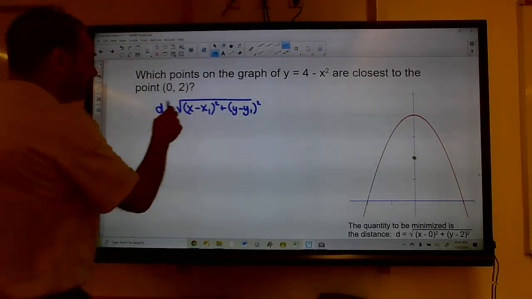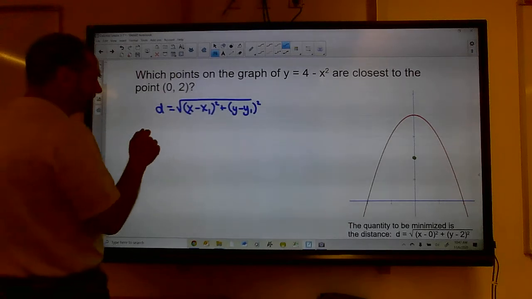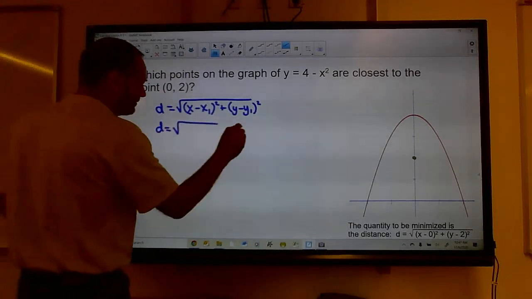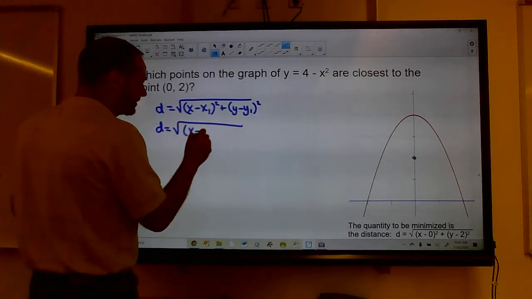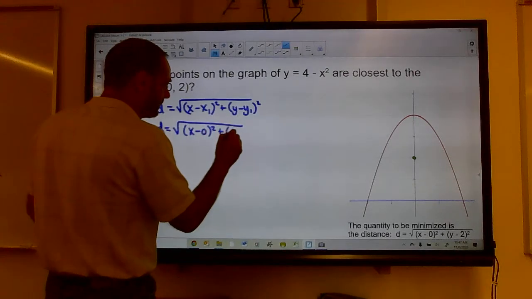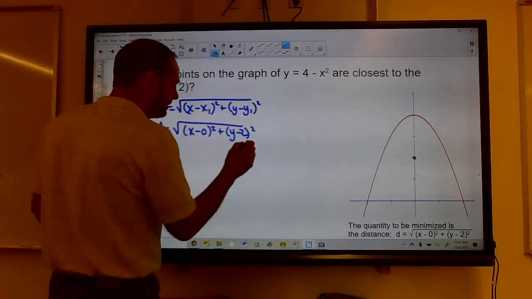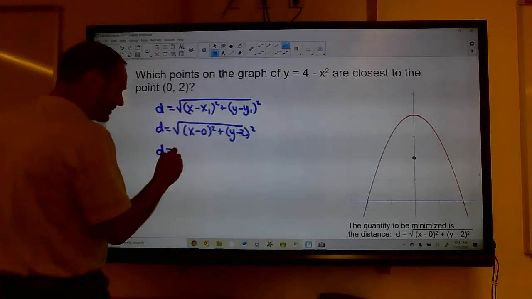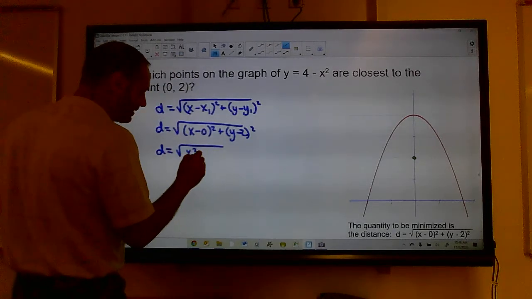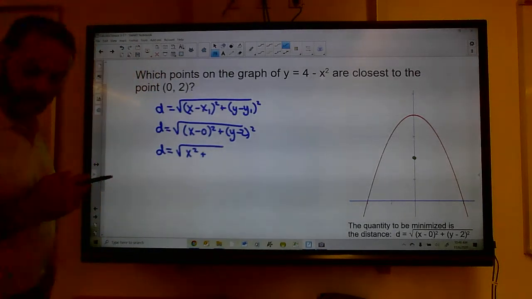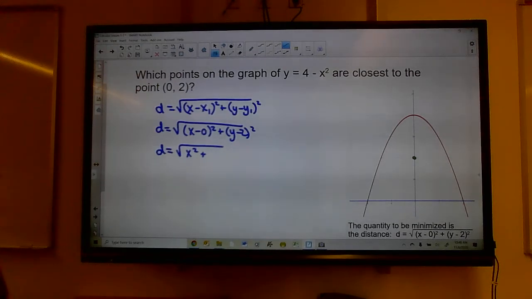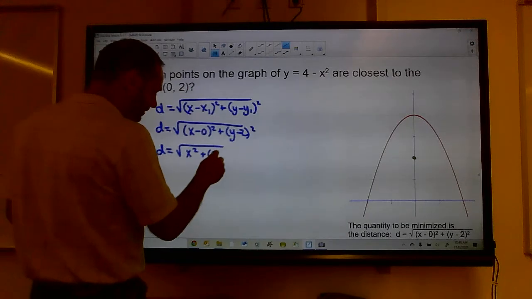Now I have a point (0, 2) that I can plug in here for x1, y1. So distance is going to be the square root of (x minus 0) squared plus (y minus 2) squared. And so distance is going to be the square root of x squared plus, we're just going to leave that as (y minus 2) squared like this for now.